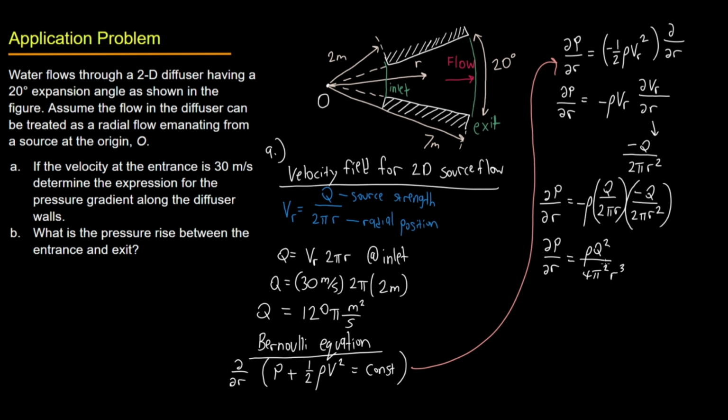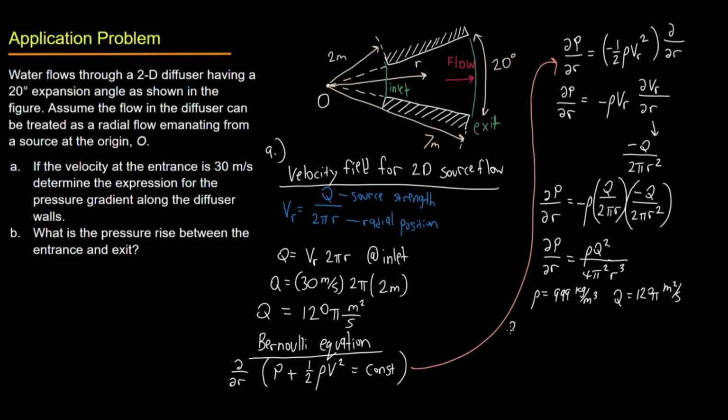And we can find a numerical solution for this because we know rho, the density of water, this is water flowing, and rho is equal to 999 kilograms per meter cubed. Q we've solved for, and Q is 120 pi meters squared per second. So we can plug all that in. We'll leave it in terms of r as a variable.